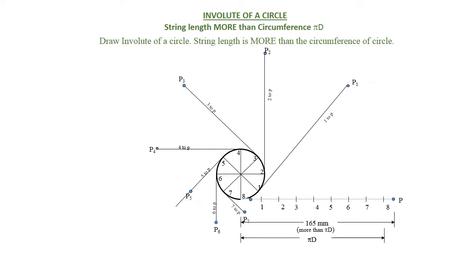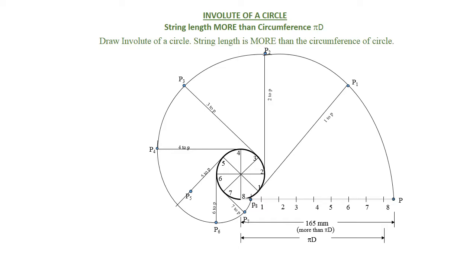You get the last point not exactly on 8 but along the string. Then you join all these points using a French curve. Point P has gone somewhat wrong here because this is not drawn with actual dimensions, but you have to join that point P as well.